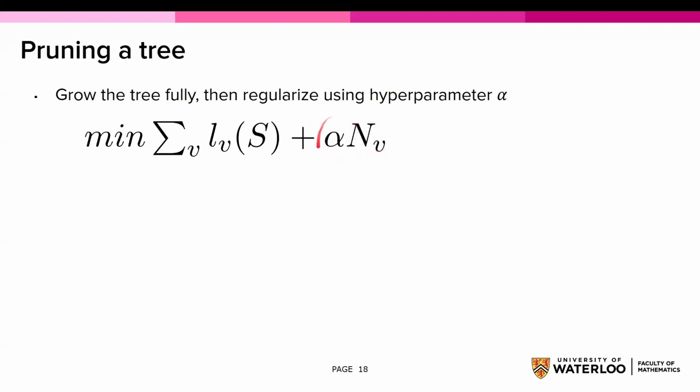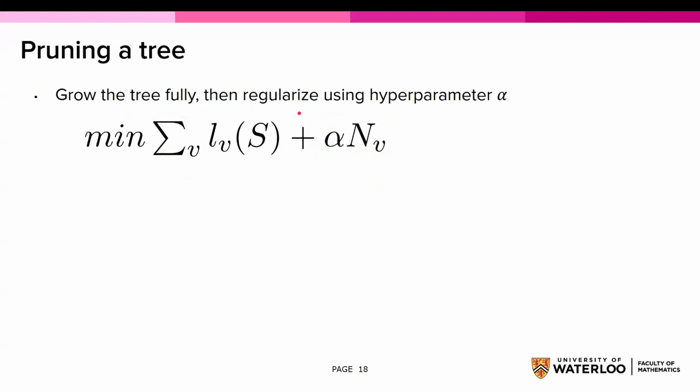And then introducing a hyperparameter alpha to control the strength of this penalty relative to the loss that we've defined and been working with before. And so the idea would be then to minimize this whole expression.